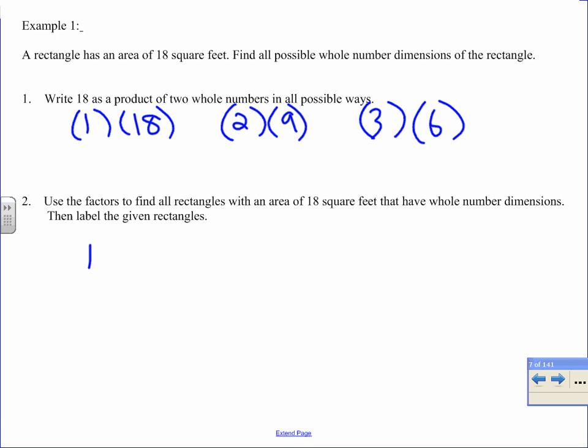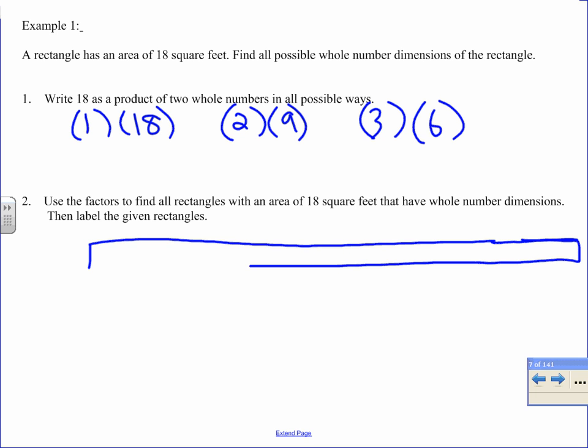Good. So it's going to look like this, right? You guys should have drawn them so that they kind of matched up with their dimensions. So there's the 1 by 18 rectangle. The 2 by 9 one. Doug, what's that going to look like? Good. Well, let me start down here.